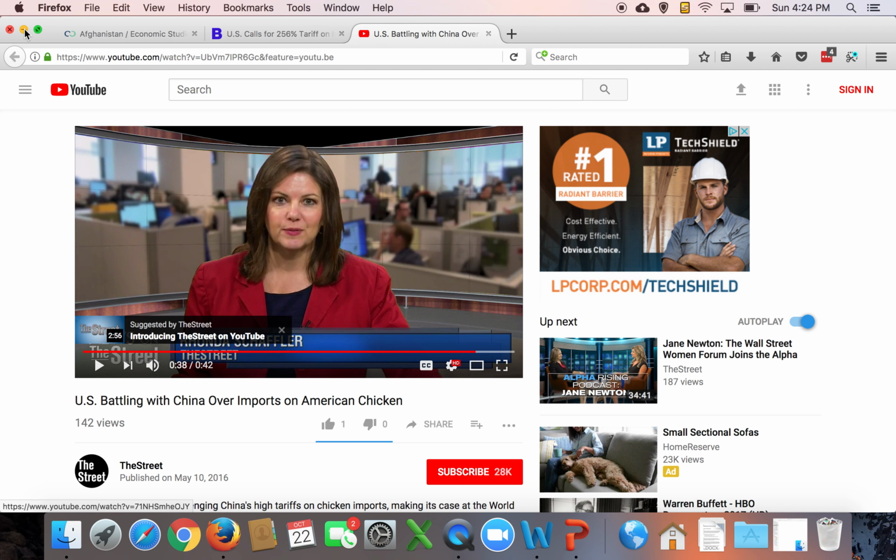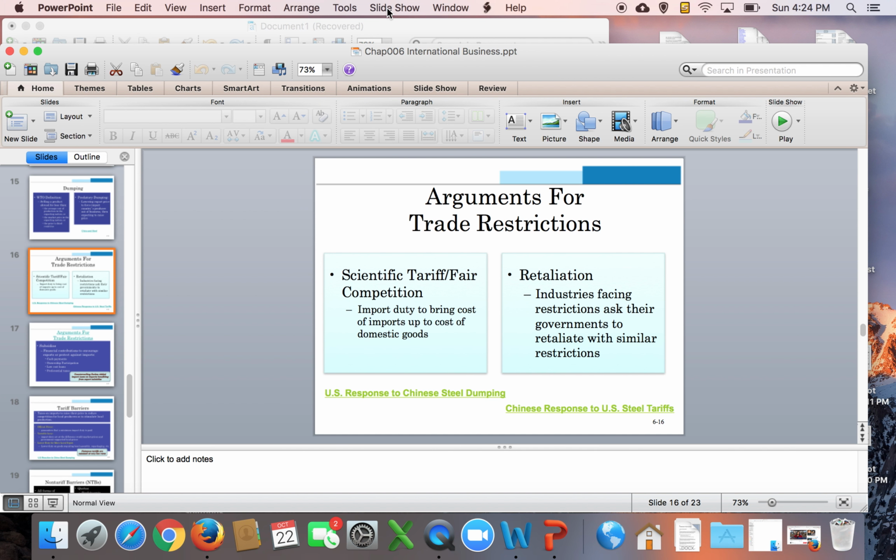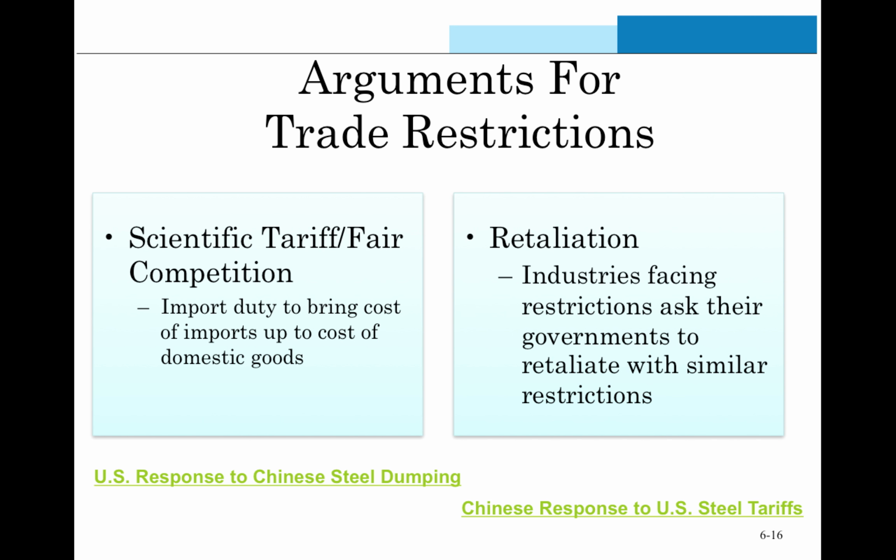So again, you can see what's happening here, right? Back and forth, the United States and China continue to have essentially a trade war. And the main problem underlying all of this is Chinese manipulation, or actually the belief that they're manipulating their monetary system and their monetary value, which drives the cost of their products down in overseas markets, and makes it very difficult for anyone to compete against them.